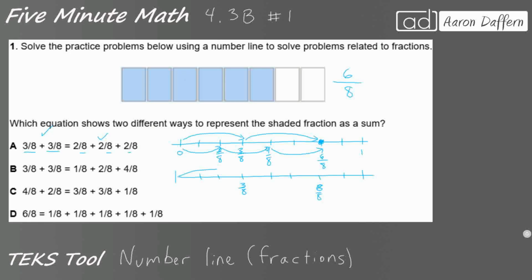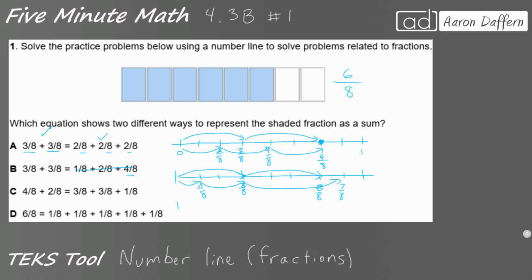Okay, so the one on the left works because we've already seen that, right? That means this one on the right probably is not going to work. 1/8 goes right there. 2 plus 2/8. Okay, that gets me to 3/8. Plus 4/8. Look at that. 1, 2, 3, 4/8 is going to get me up to 7/8. All right, so this one does not work.